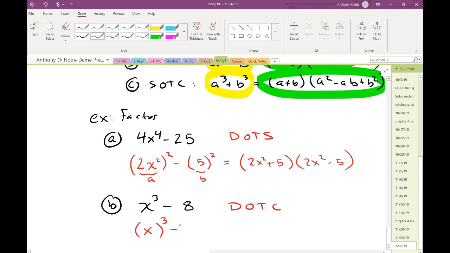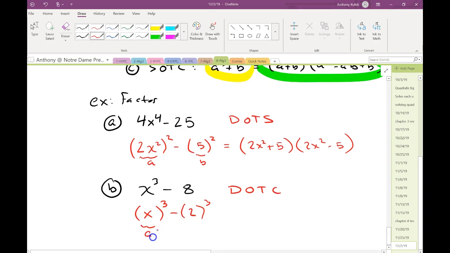So x cubed, obviously we can write as something cubed, it's just x cubed. What is 8 as something cubed? What number cubed gives us 8? 2, right? 2 times 2 is 4. If I multiply by 2 again, I get 8.